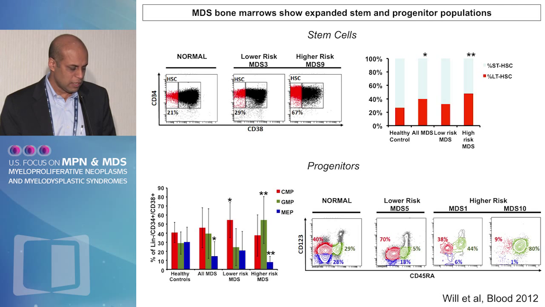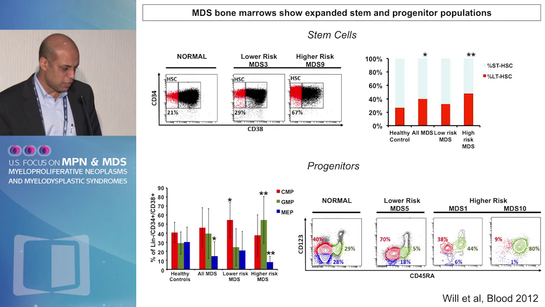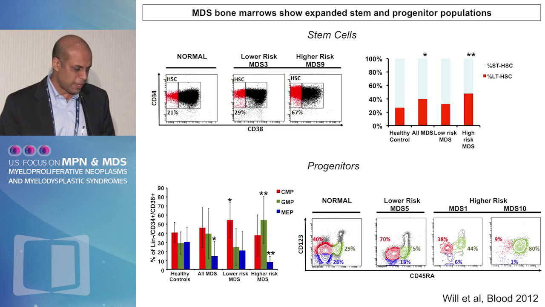We start seeing an expansion of these earliest phenotypic stem cells in MDS, most prominent in higher risk MDS. Among progenitors, in lower risk MDS the common myeloid progenitors are quantitatively elevated, and in the higher risk MDS subtypes you find an increase in the granulocytic monocytic progenitors.